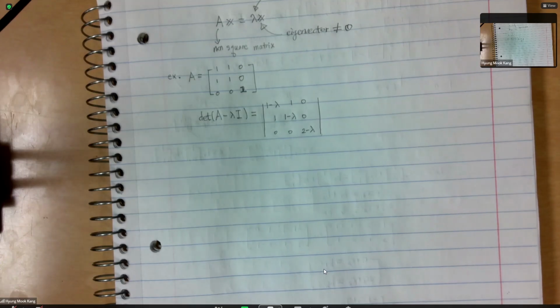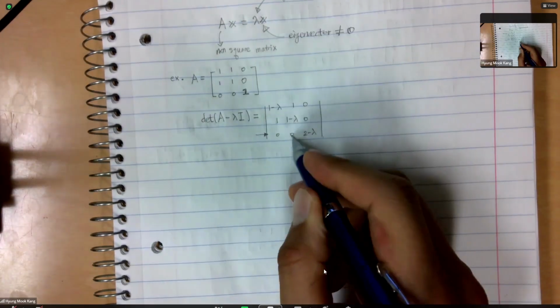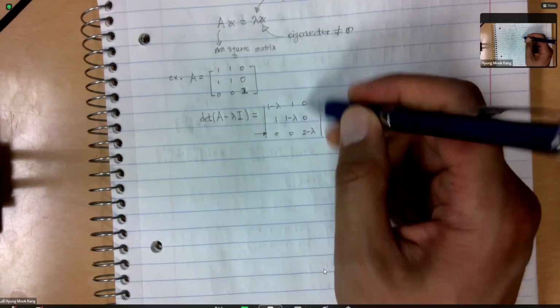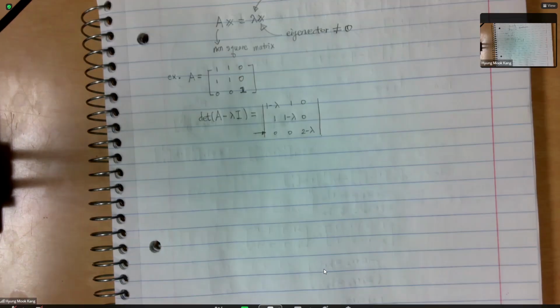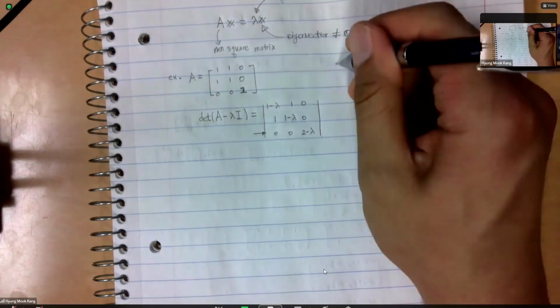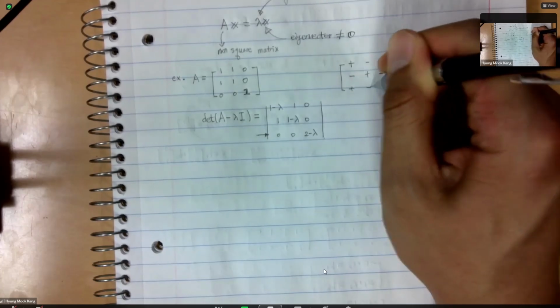In this case, I'm going to use a cofactor expansion for finding the determinant. Always, when you want to expand, 0 is your friend. You got 2 zeros here, 2 zeros here, so you can cofactor expand in here. I'm just going to choose this one. We got 2 friends, so let's expand it. Let's specify signs. Our sign matrix is plus, minus, plus, minus, plus, minus, plus, minus, plus.